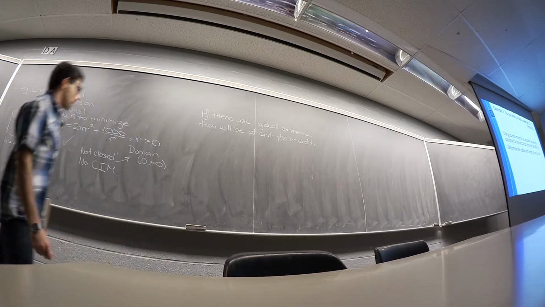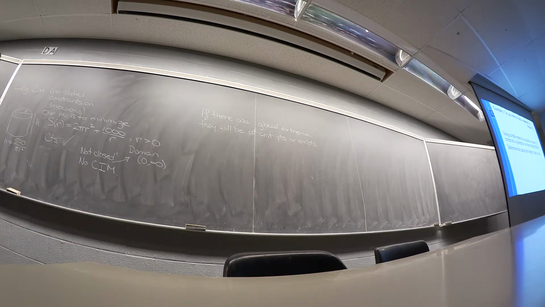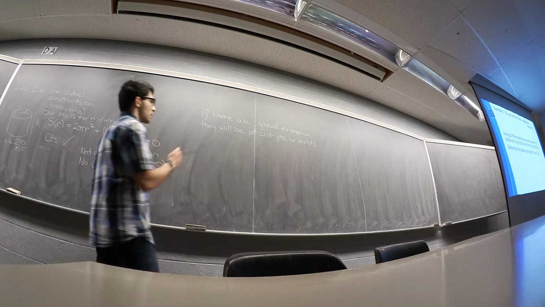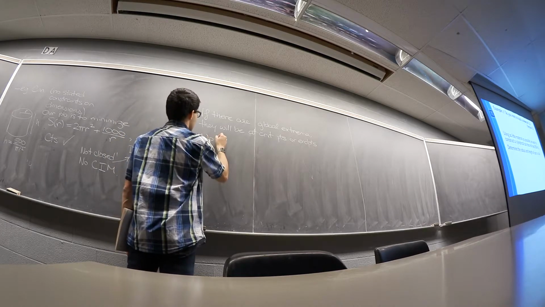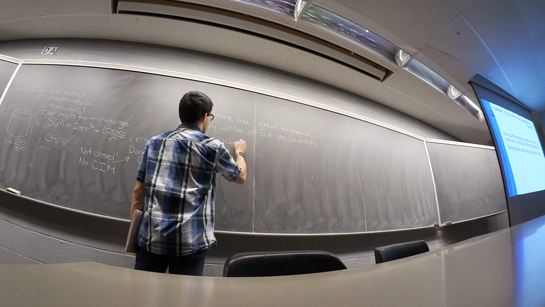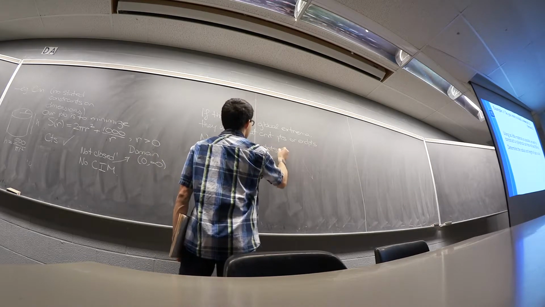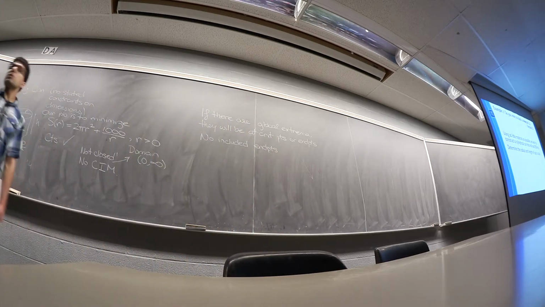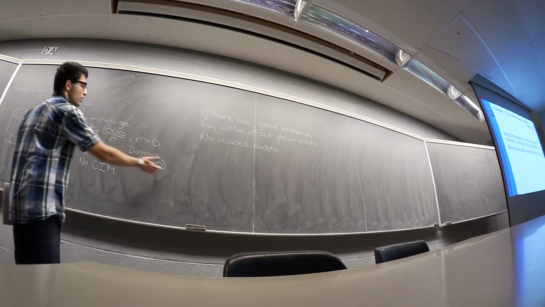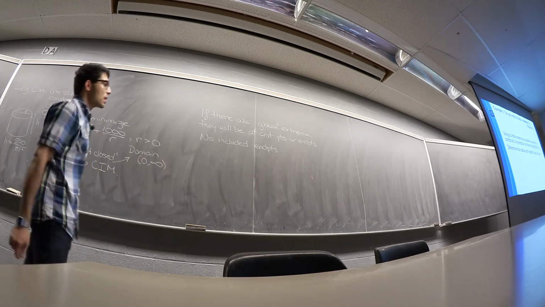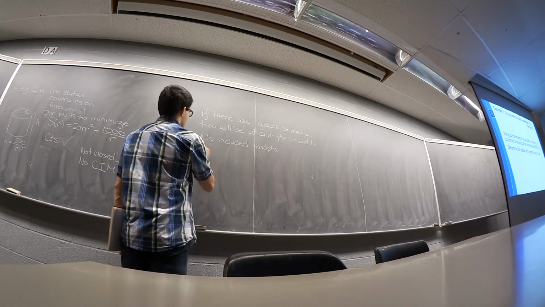In this case, the endpoints aren't included. So there are no included endpoints. Does that make sense? Just as before, if there are going to be any global extrema, they'll be at either the critical points or the endpoints. In this case, there are no included endpoints because this thing's open on both sides. So let's look for critical points.